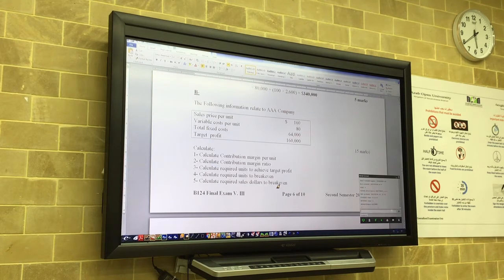Okay. Third requirement, he asks you to calculate the units to achieve the target profit. The equation will be fixed cost plus target profit divided by contribution margin.